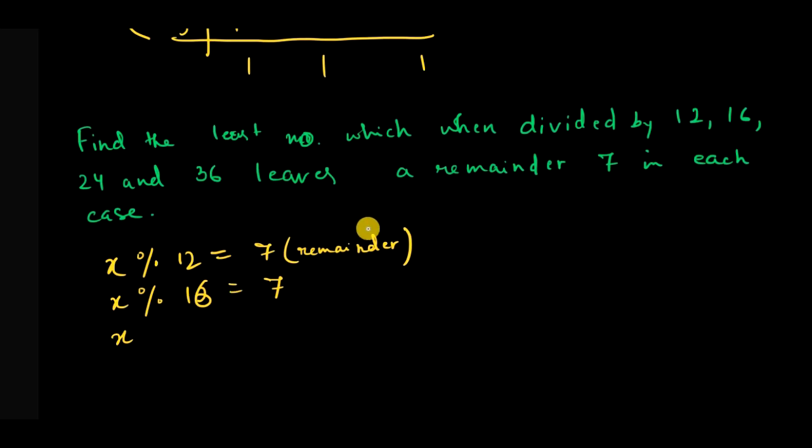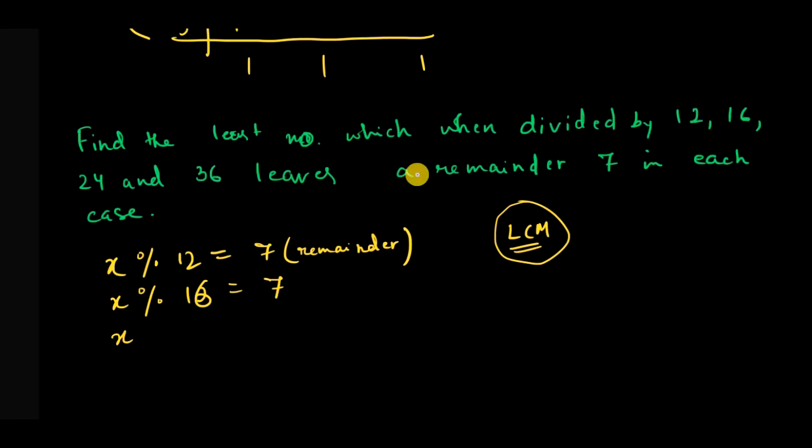So what we need to do is simple. We'll find out the LCM first. We know that the LCM is divisible, meaning there's no remainder, by all of them: 12, 16, 24 and 36.